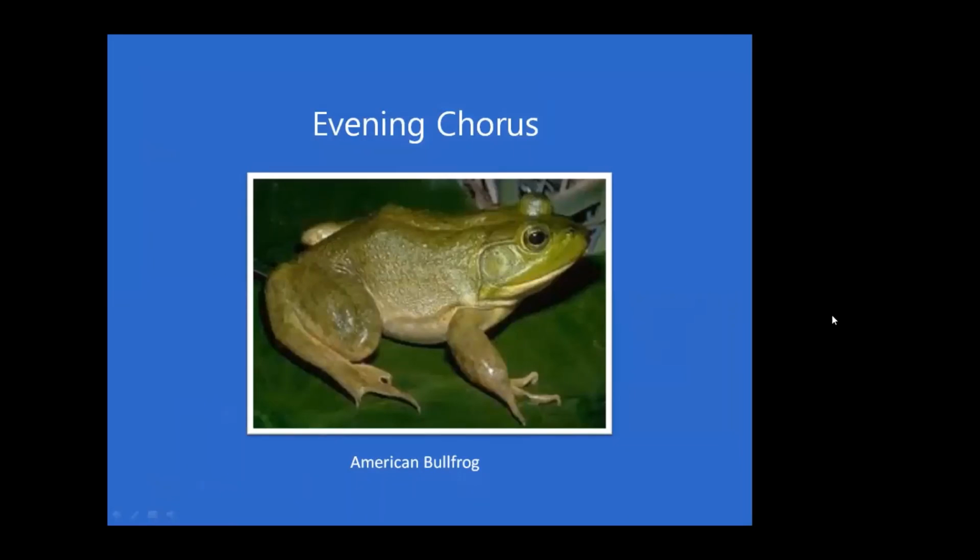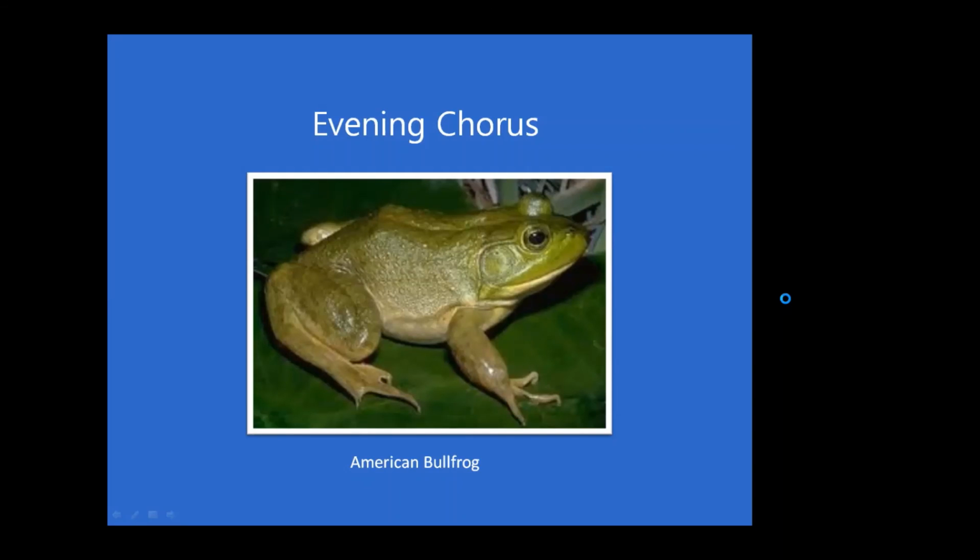The evening chorus, starting with the American bullfrog. I don't know about you, but I have noticed there's a real fall off in the numbers and the volume and the variety of the frog choruses, and that is a worldwide problem. But those that are here love to holler for us at night.